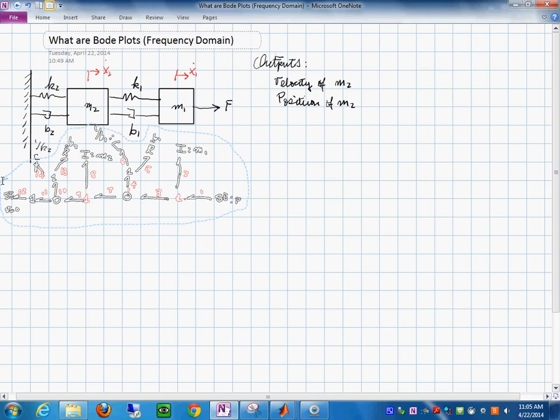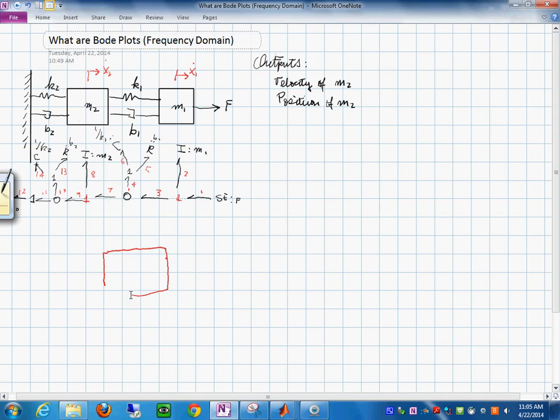See this lasso in here? This is your system. We tried to select it, but it didn't select, so we're going to go on with this. But let's just say whatever I selected, this is going to be my system here.